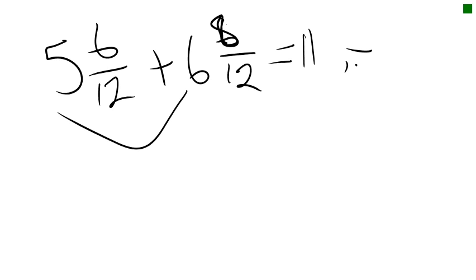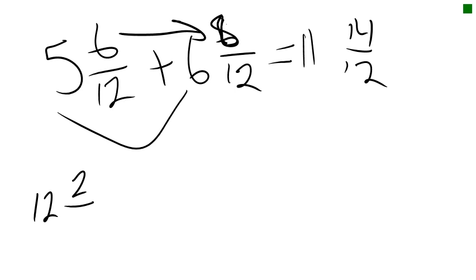And again, we still keep our denominator the same and just add straight across. So that's 14. Now we have an improper fraction. We have 14 pieces out of 12. That makes one whole. Let's pull out a whole and add it to the 11. So we're adding one whole out of there. That's going to leave us with 2 pieces out of the 12 needed for a whole.